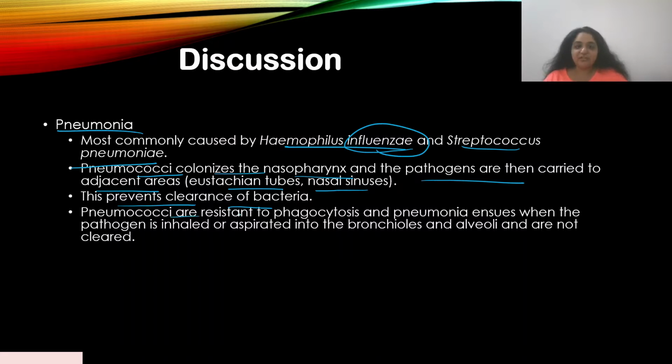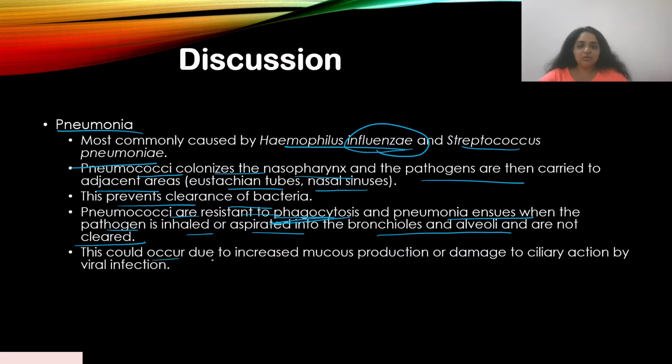Pneumococci are resistant to phagocytosis, that's an interesting point. Pneumonia ensues when the pathogen is inhaled or aspirated into the bronchioles and alveoli and is not cleared. So they are resistant to phagocytosis, and the infection then moves into the lungs, the bronchioles and the alveoli, and is not cleared from there.